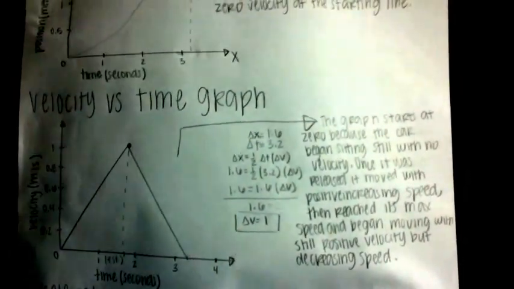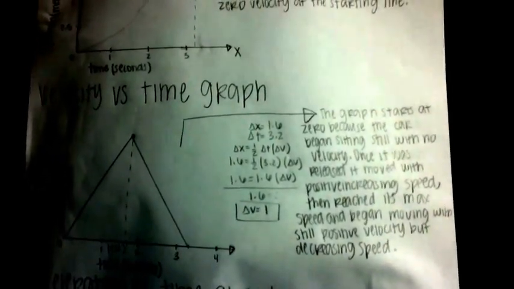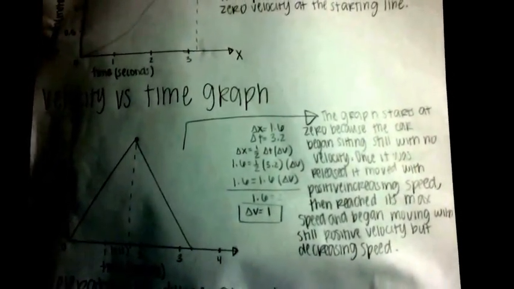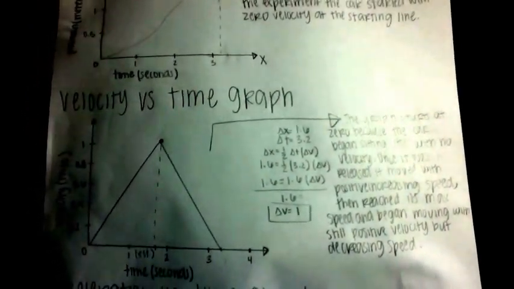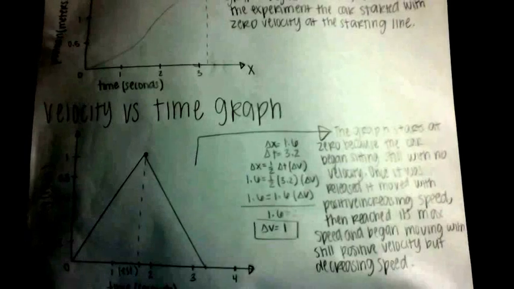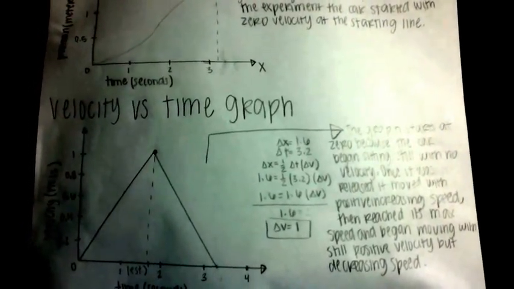Now we're going to talk about our velocity versus time graph, and we have velocity on the y-axis in meters per second and time in seconds on the x-axis again. And to solve for velocity, we did delta x equals 1/2 delta t delta v.